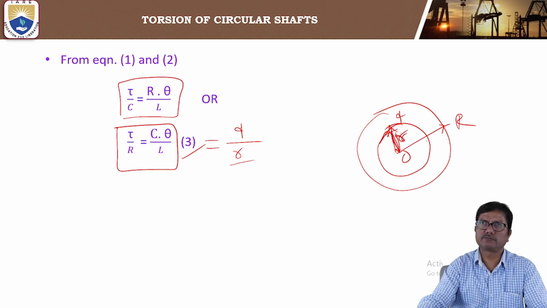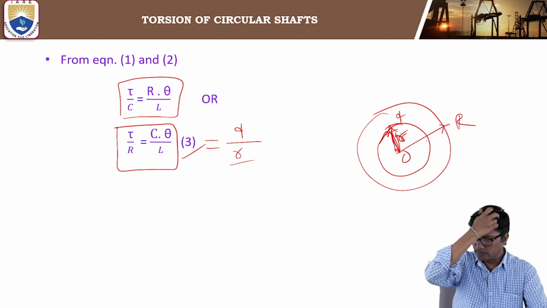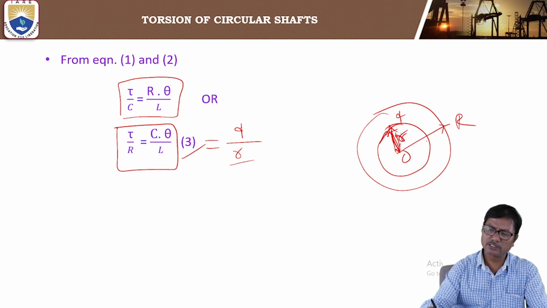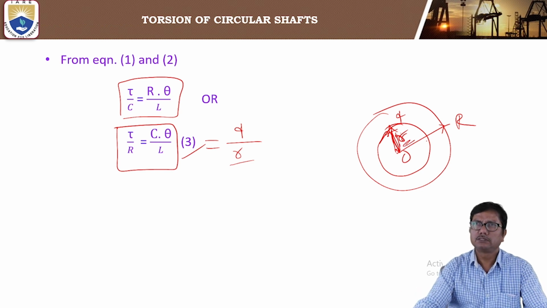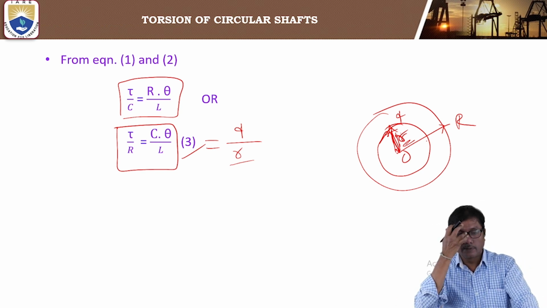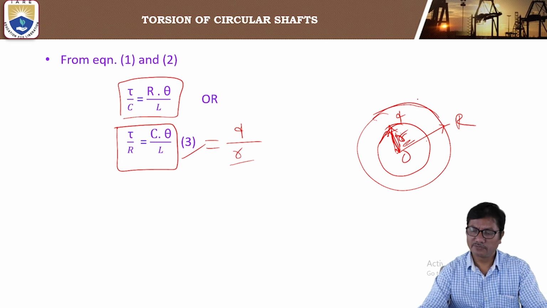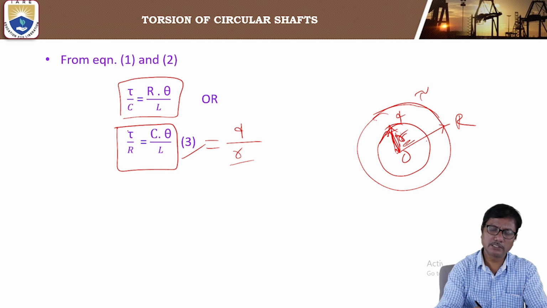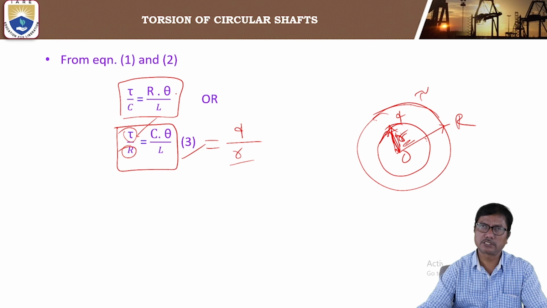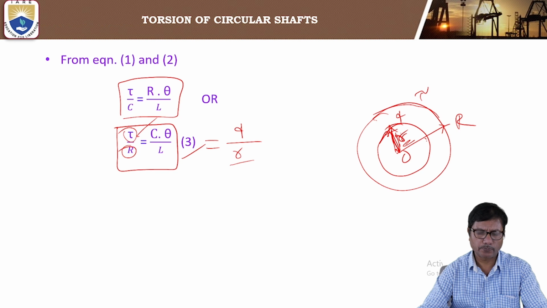It increases from the axis to the outer periphery of the shaft, and it is maximum at the outer surface, which is represented by tau.